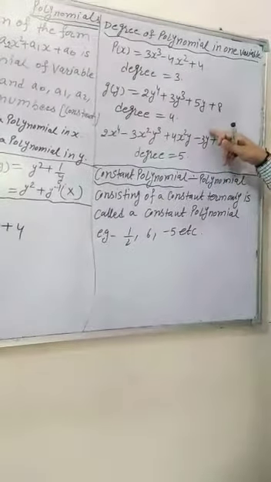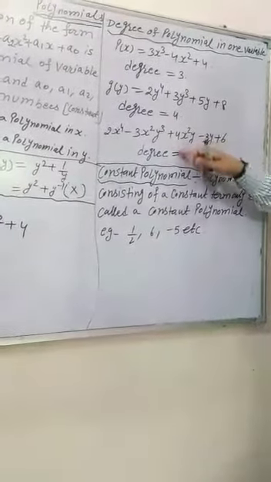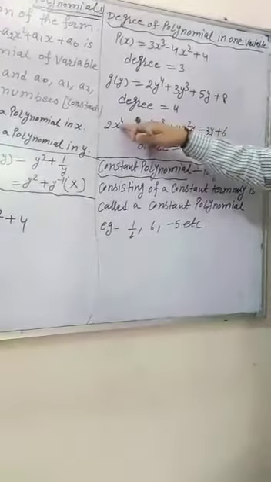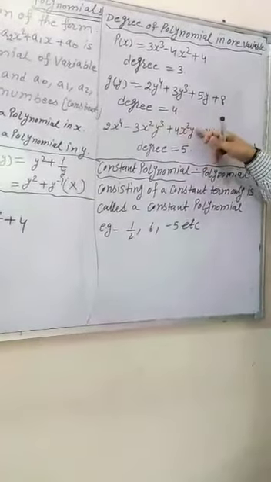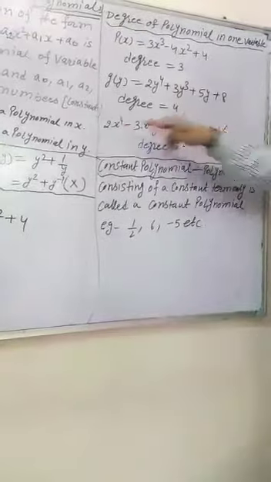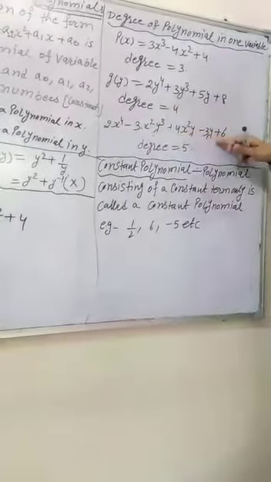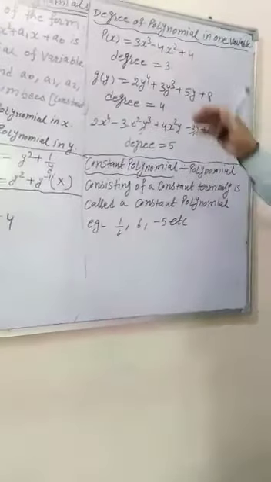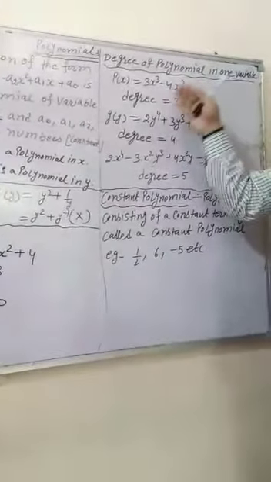In this term, 1. So the highest power is 5. So the degree of this polynomial is 5 because the sum is 5. In this term 4, in this term 5, in this term 1. So the highest power of the variable is 5, so the degree of this polynomial is said to be 5. Clear? So the degree of a polynomial is basically the highest power of a variable.